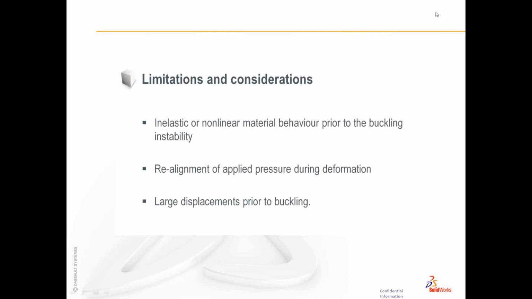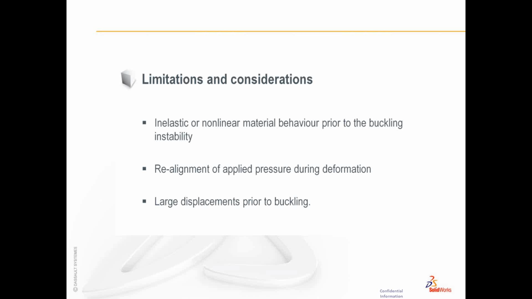While I'm waiting for questions, there's a couple more slides I didn't get to. These points are just things that would kind of preclude a linear buckling analysis from the start. Any type of inelastic or nonlinear materials, obviously, you're further away from a linear response.